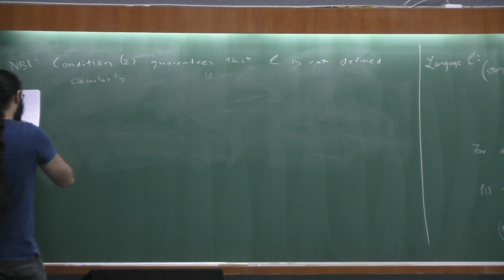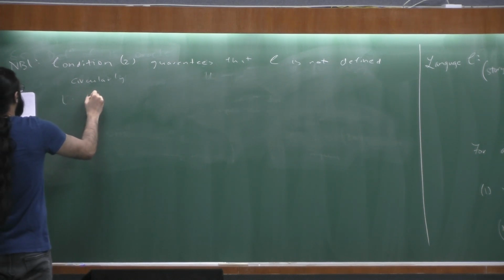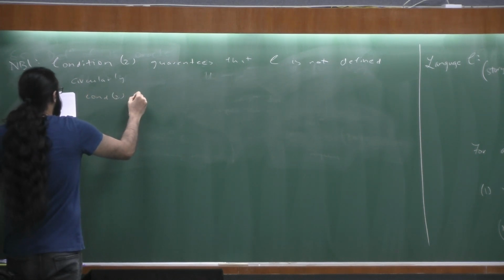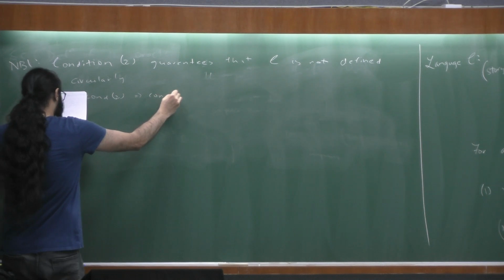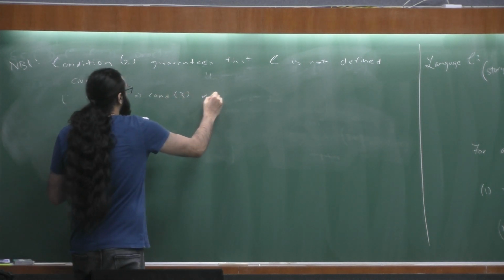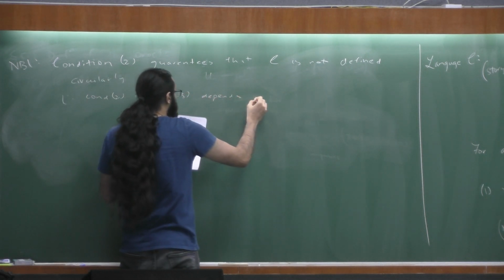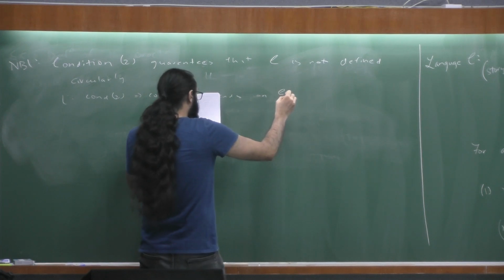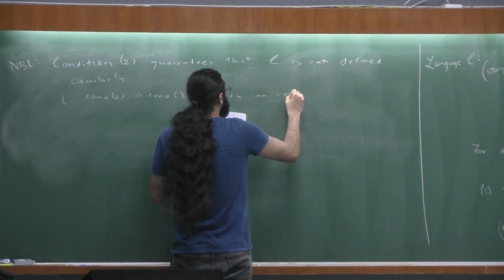Because condition 2 implies that condition 3 depends only on parts of C that have been constructed previously.